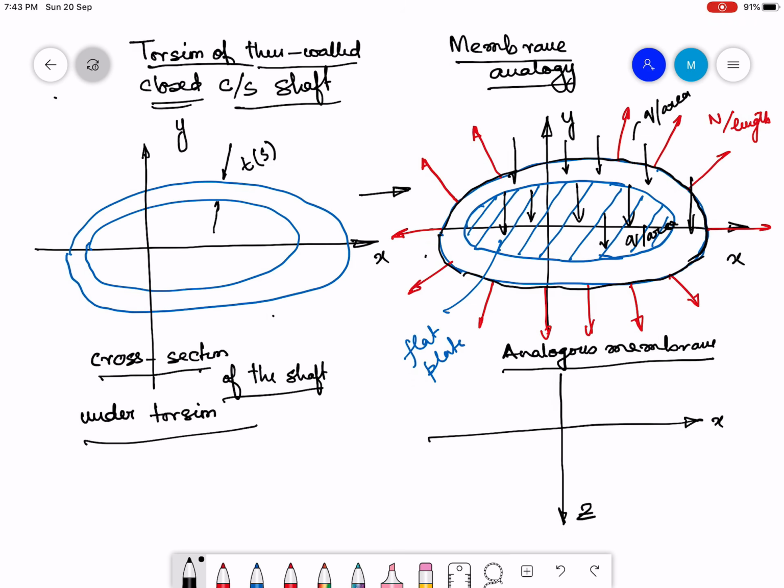Okay. So now if this is the membrane, then let us see how the deformed shape of the membrane is going to look. Let me try to draw the deformed shape in the x-y plane.